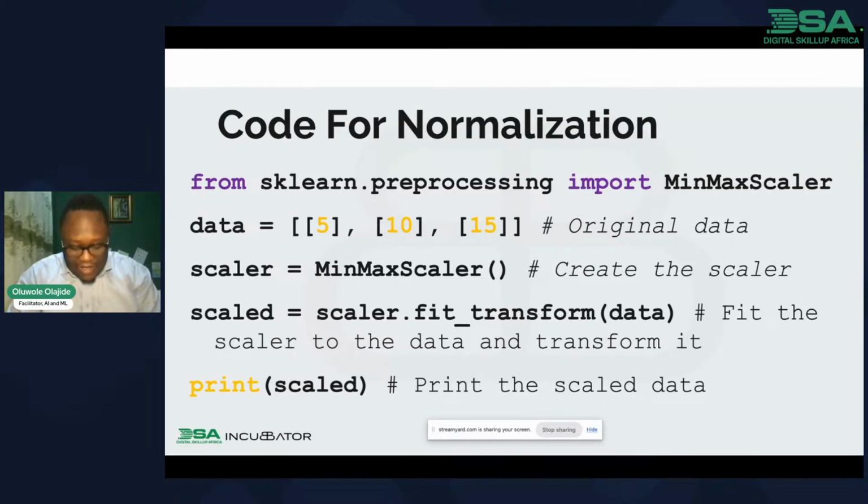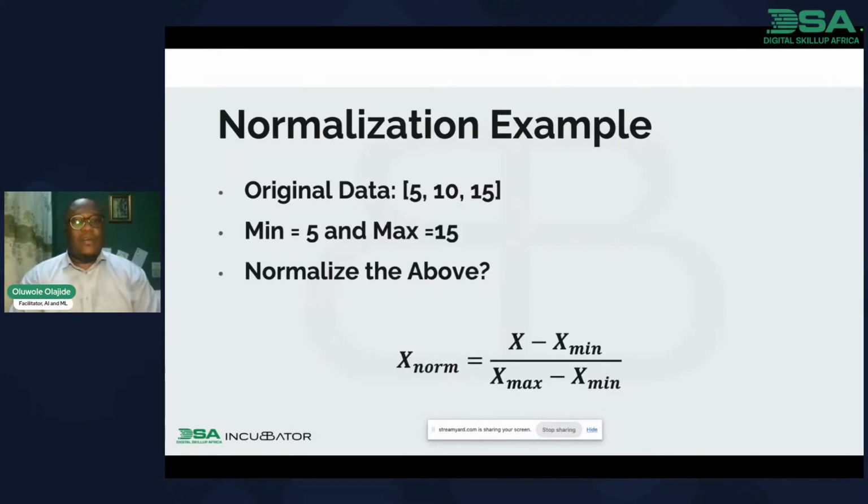Everything we are doing. Kindly rerun the calculation for normalization again. All right. Given this original data, I have these three data sets. From here, my minimum is 5, and my maximum is 15. And what does my formula say?